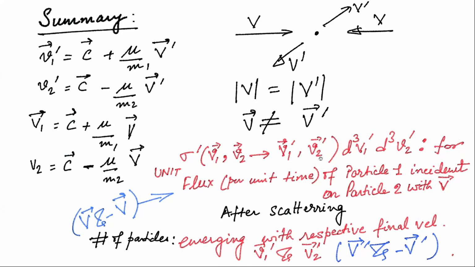It will depend upon the details of the interaction. So what we are going to say is that if two particles are coming with velocities v1 and v2, what are all the possible values of vectors that they can take?